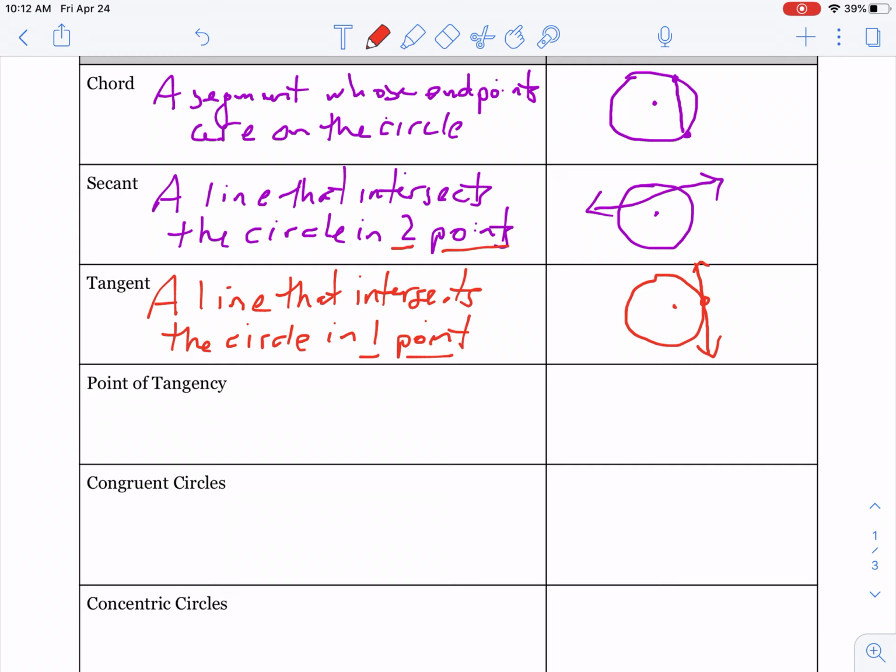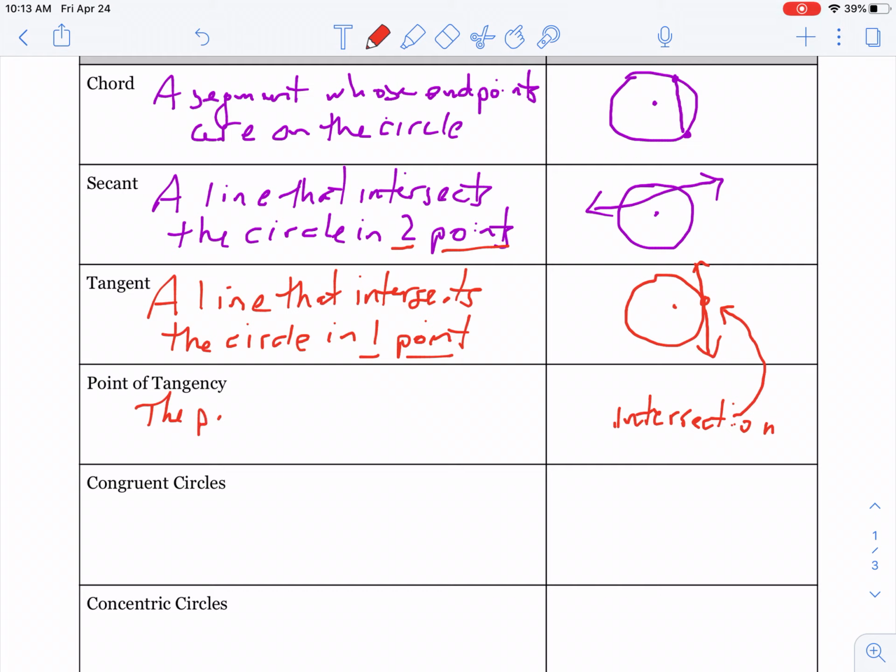Now, point of tangency is just that point there. It's right there where the circle and the line intersect. So it's that intersection of the point of the line and the circle. So when we do that, we want to define it.